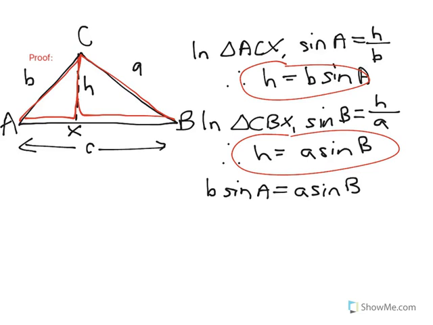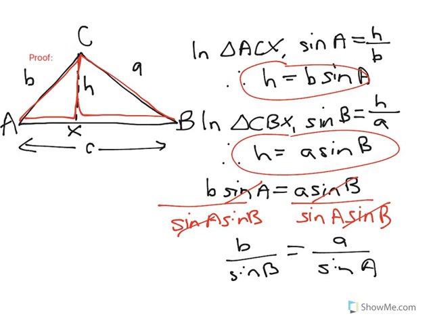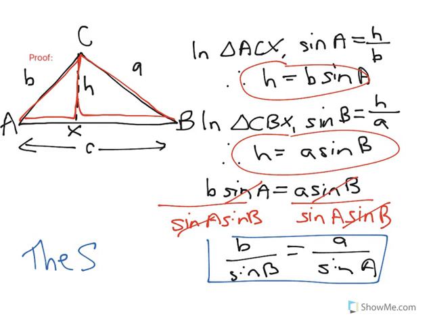So we can tidy this up by dividing both sides by sine A, sine B, and these will cancel, and these will cancel, and we're left with b on sine B equals a on sine A. This is the sine rule.